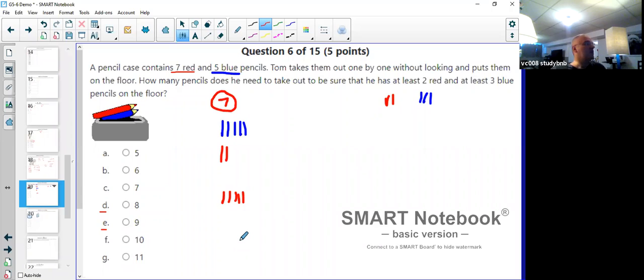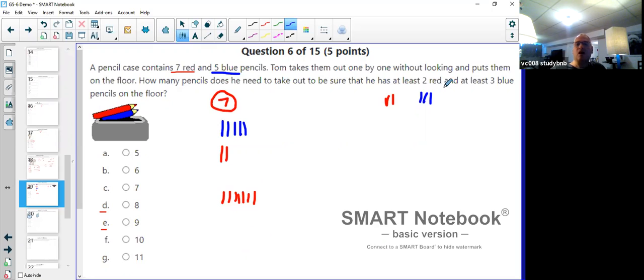Could the 6th one be red? Yes, thank you, Evan. Could the 7th pencil be red? Yeah, it could. I could have 7 reds. Could the 8th pencil be red? It could not, right? The 8th pencil could not be red.